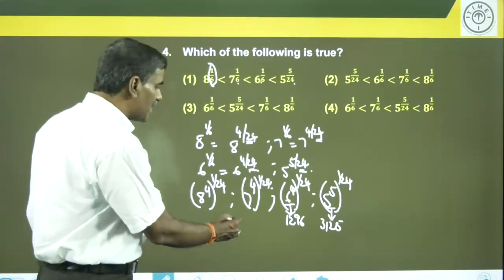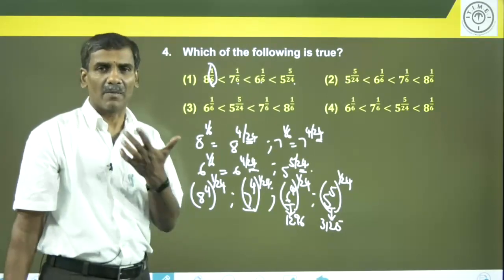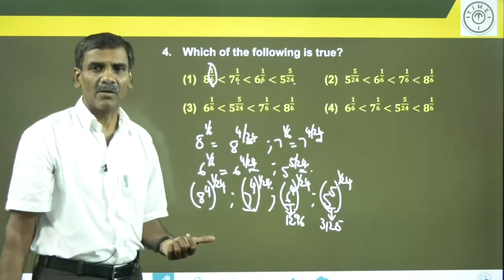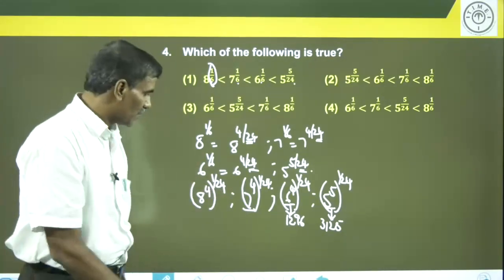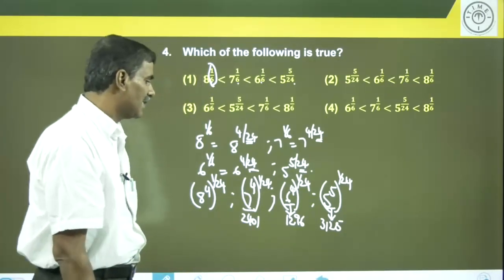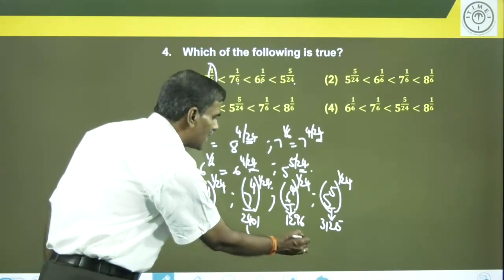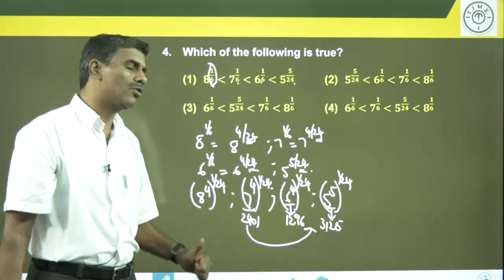And this is 7 power 4. 7 power 4 is what? 7 square into 7 square. That is 49 into 49. 49 into 49 is nothing but 2401. So what we understand is this value lies between these two values, 1296 and 3125; 2401 lies in between.